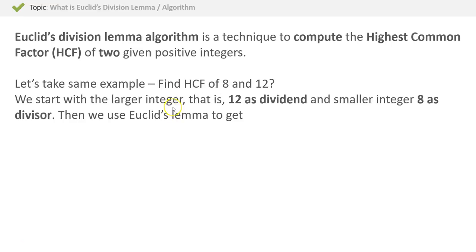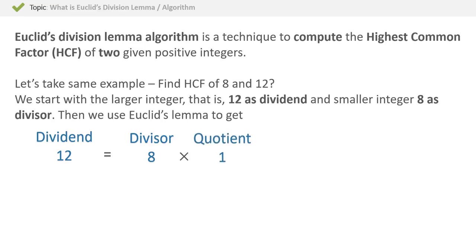How can we use Euclid's division algorithm to find HCF of 8 and 12? We start with the largest integer, which is 12 in this case. We take 12 as dividend and the smaller integer 8 as divisor. Then we will use Euclid's lemma to get dividend equal to divisor, which is 8 in this case, multiplied by quotient, which is 1, plus remainder, which is 4.